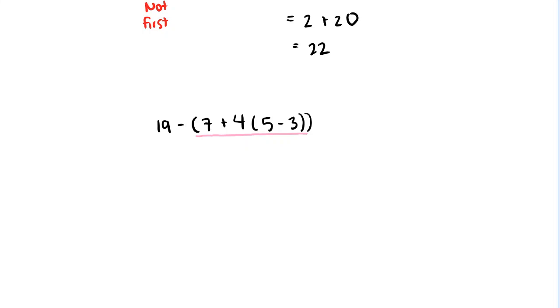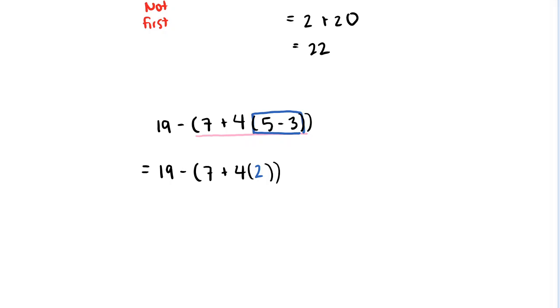I see even more parentheses, so I should really go to these parentheses first. And so this tells me, I still have 19, I still have my parentheses here, 7 plus 4, but what I should really compute is this innermost parentheses, 5 minus 3, and that gives us 2. Right, so that's the result from those parentheses.